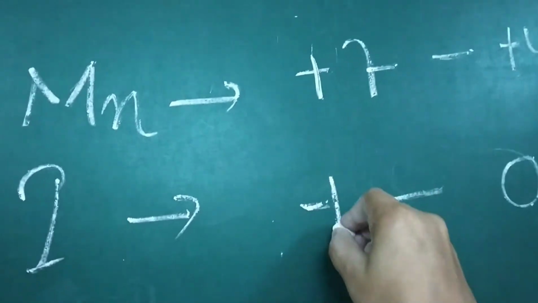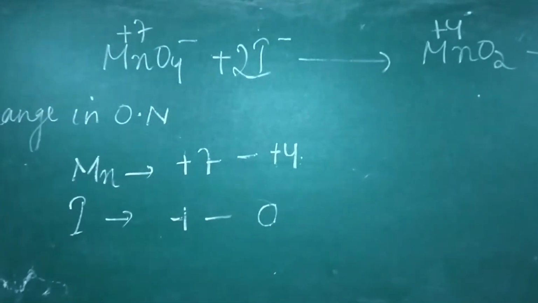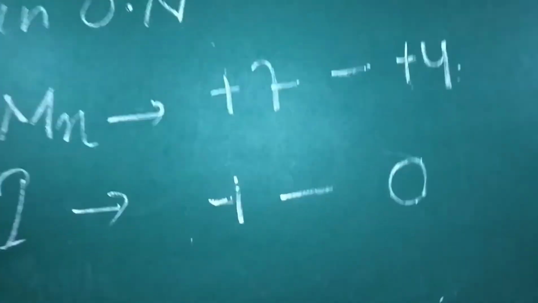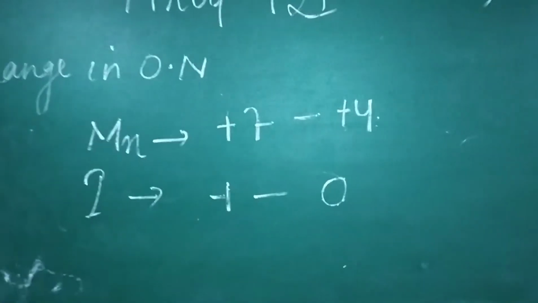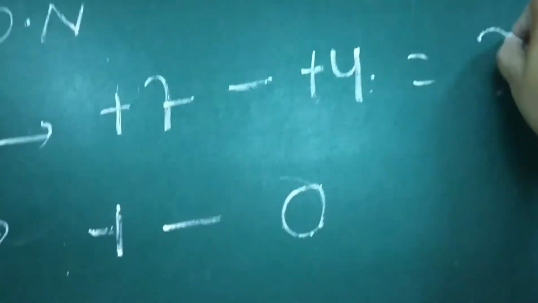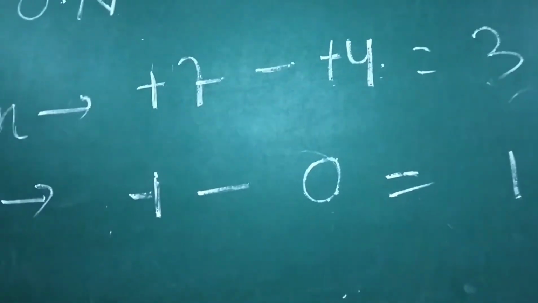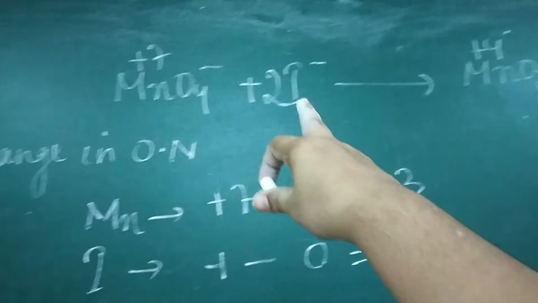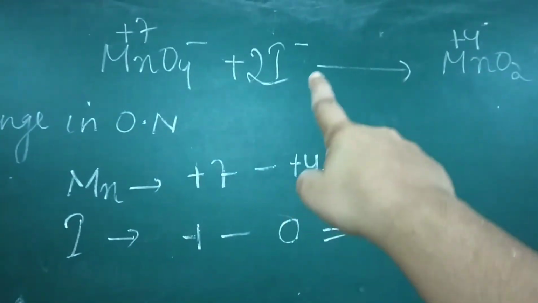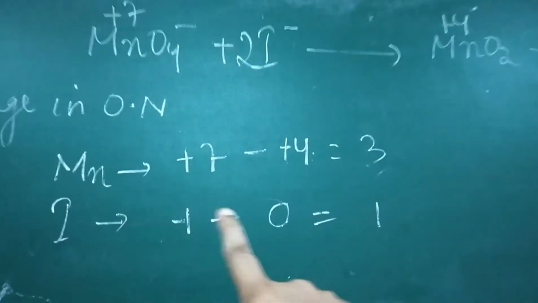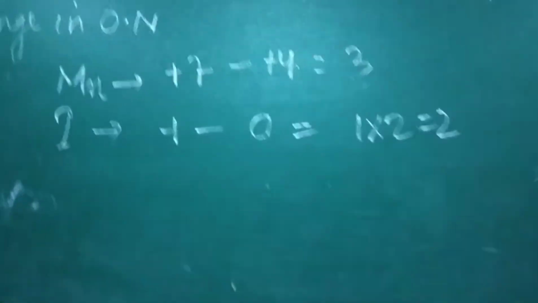But the twist is that there are 2 iodine atoms. First you write just the change in oxidation number. The change here is 3 and the change here is 1. But since the change is 1 for only 1 iodine atom, and we have 2 iodine atoms, the change will be 1 into 2, that means 2.